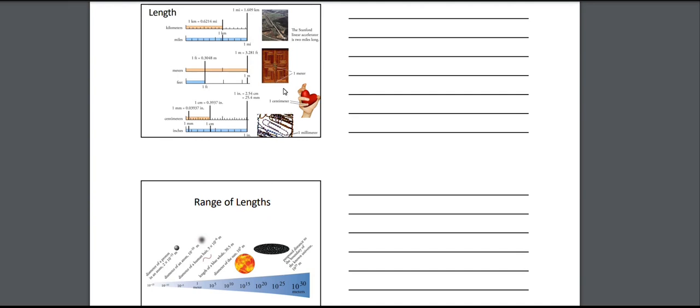When it comes to meters and feet, a meter usually is the distance between the doorknob and the bottom of the door, or that would be basically 3 feet also. Every 1 meter equals 3.281 feet.